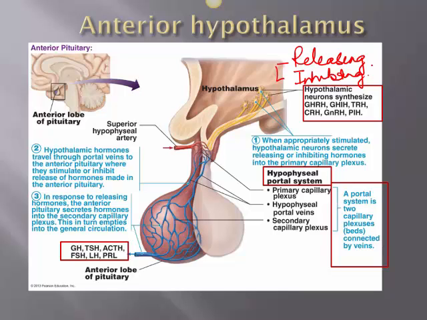The releasing hormones will have an RH in front of them. The inhibiting hormones will have an IH in front of them.